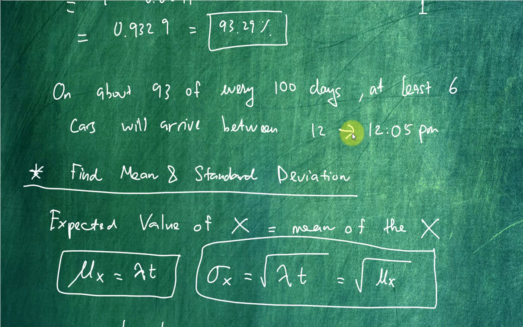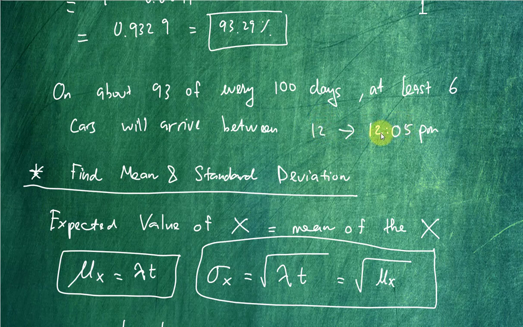We are observing the arrival of the cars for 5 minutes, so we multiply the 2 cars per minute by 5 minutes to get 10 cars. So 10 cars will arrive between 12 and 12:05 p.m.